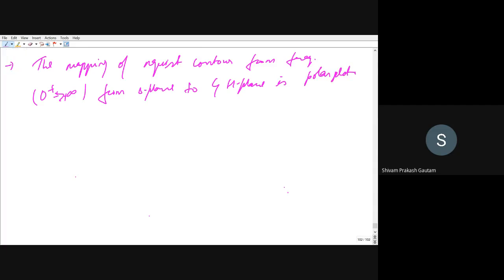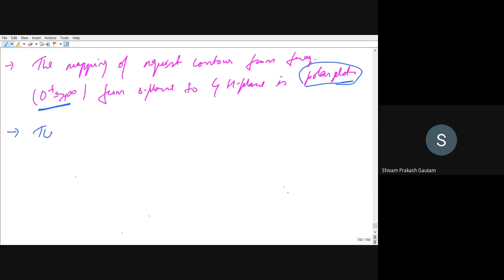What does it mean? That means if you want to map the first part, that is for positive frequency, then it will be the same as the polar plot. We have already seen the polar plot. In the polar plot, if you can recall, we ranged the frequency from 0 to infinite and then calculated the corresponding magnitude as well as phase. Once we have the values at different values of omega, ranging from 0 to infinite, we have an intuition of how the polar plot will look. So the first part is the polar plot.